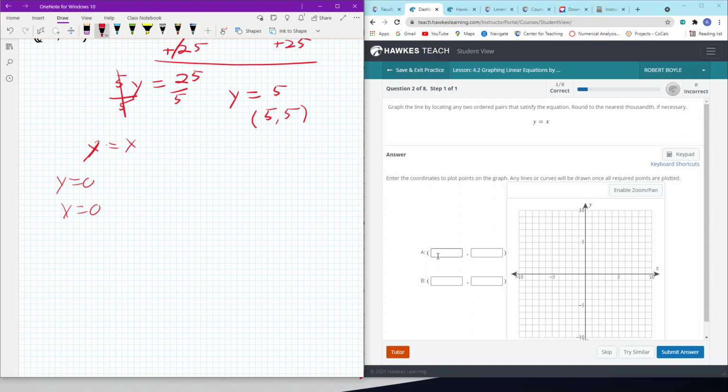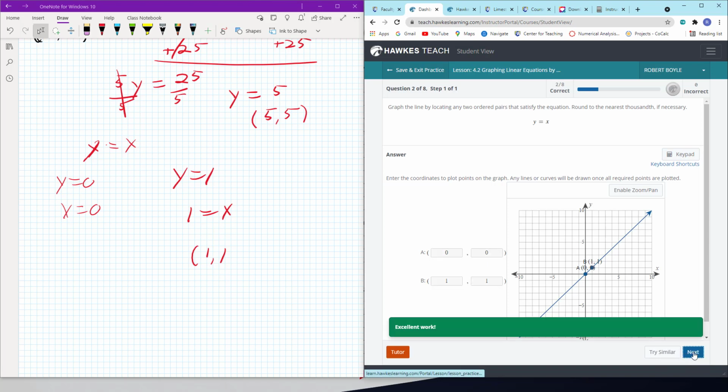So we put a 0 here, and a 0 here. Okay, how about we let y equal 1? Well, then we have 1 is equal to x, and that, of course, is (1, 1). We can put a 1 here, and then a 1 here, and submit, and we should be correct. Yay me.